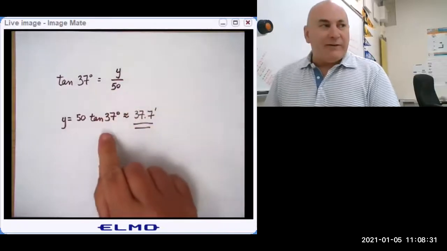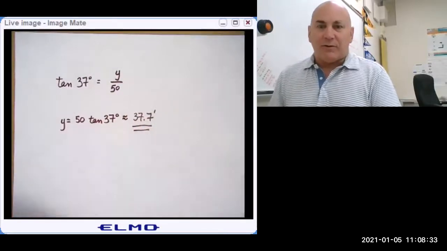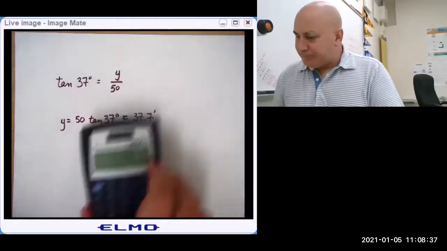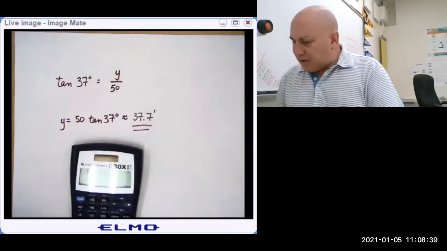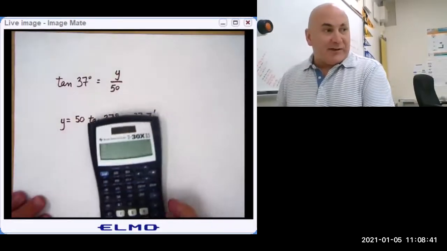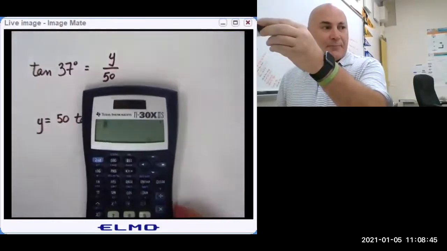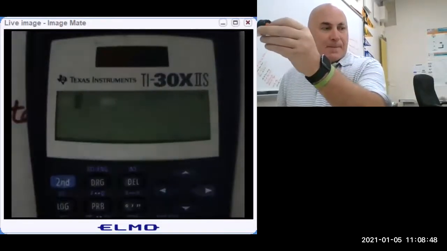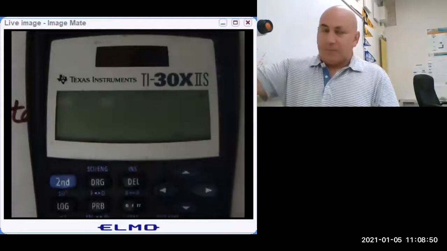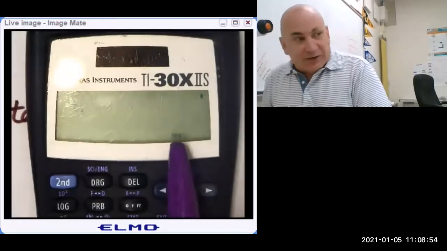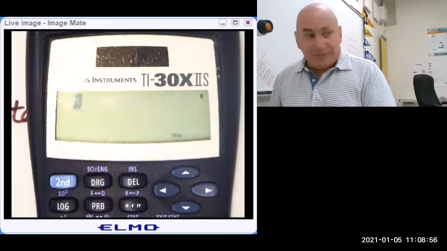Something that's very, very important. Muy importante. When I turn on my calculator, I'll zoom in for you. Notice it says degrees down here in the lower right-hand corner.